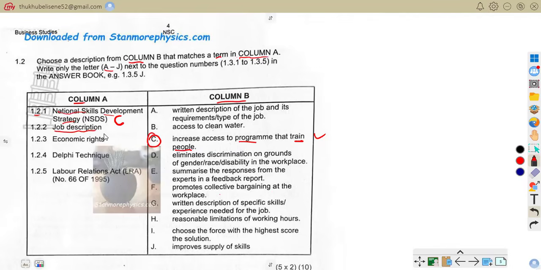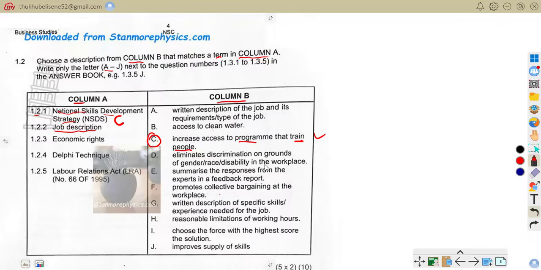Now coming to job description, 1.22. We know very well that a job description is a document outlining role, responsibility, and requirements.